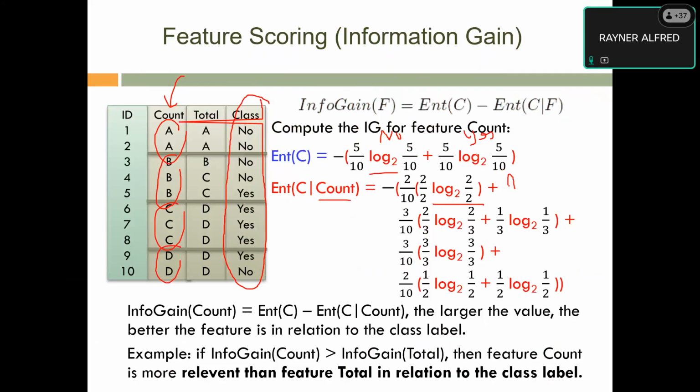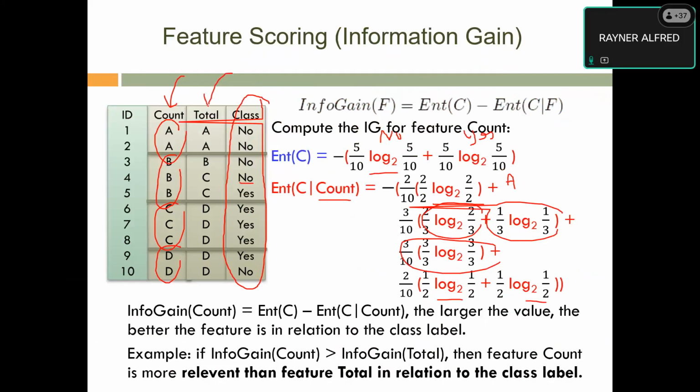For B, we have 2 no and 1 yes. For C, we have 3 yes. And for D, we have 1 and 1. So we solve this and find the IG.